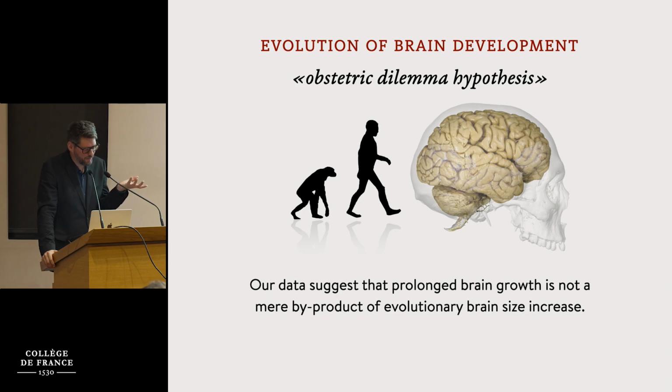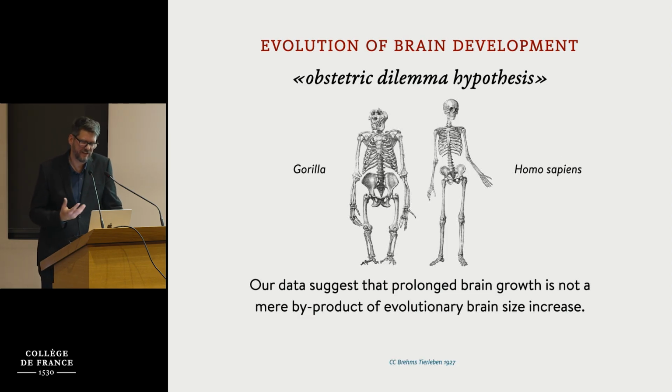We are also arguing that this prolonged pattern of brain growth in Australopithecus afarensis is not a mere byproduct of brain size increase, because that is what you see in every textbook: that the reason why we grow for such a long period of time outside the mother's womb has to do with the evolution of upright walking. Okay?